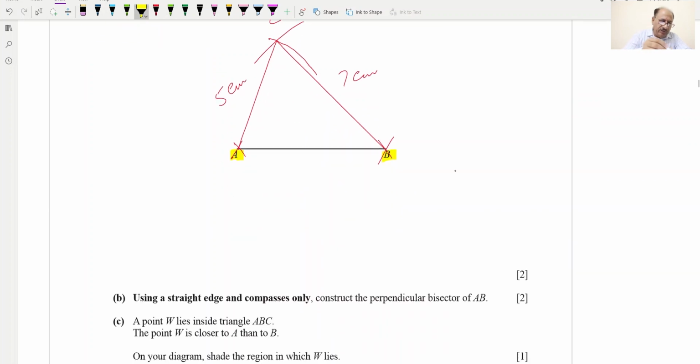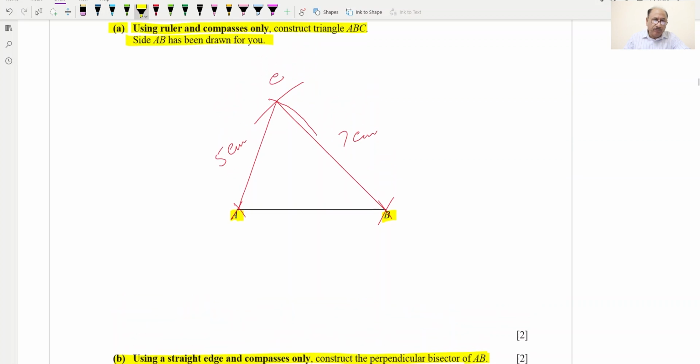Now for B part, they're saying use a straight edge and compasses only to construct the perpendicular bisector of AB. To construct the perpendicular bisector of AB, we will be taking the straight edge. The shape of the straight edge is like this one.